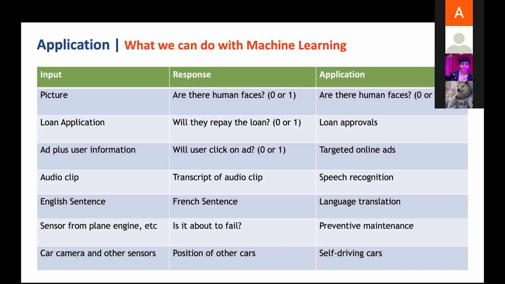Now, let's say audio clips. You are sending audio clips to the machine, and the machine can do speech recognition. It can identify who is the customer and who is the agent, and on the basis of that, it can even translate your voice talk into the form of text.